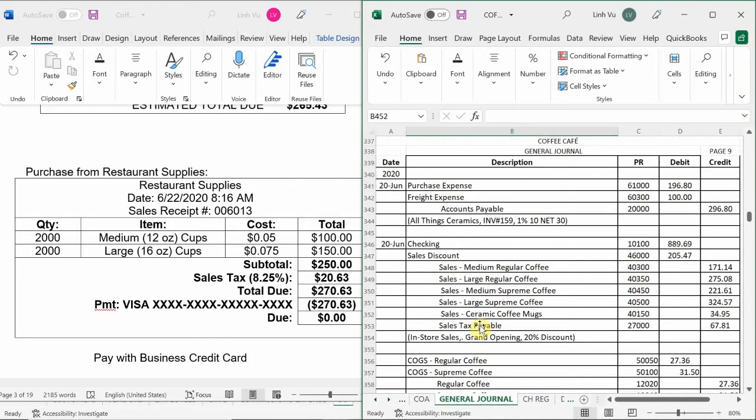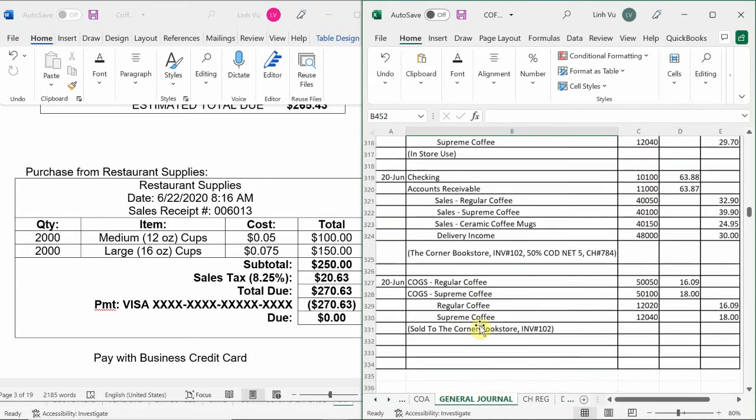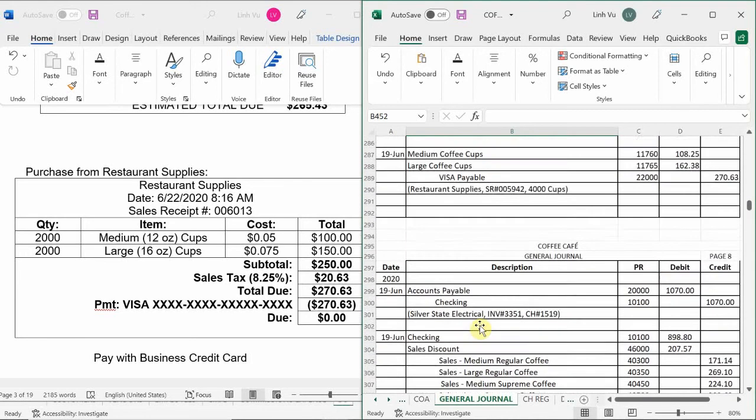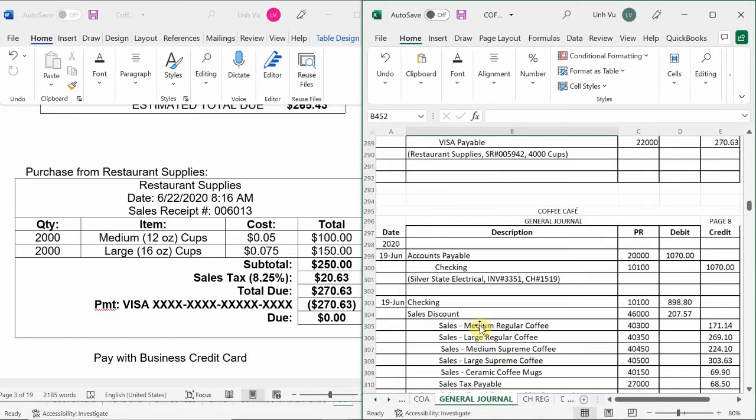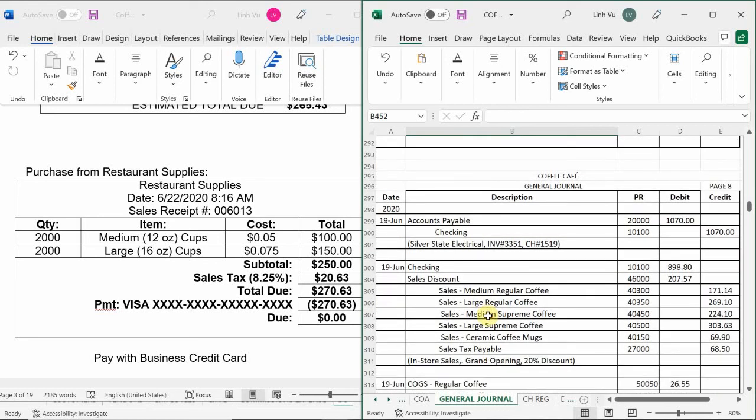How do I journalize that I bought some coffee cups?